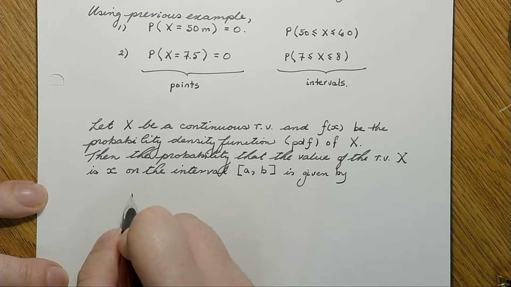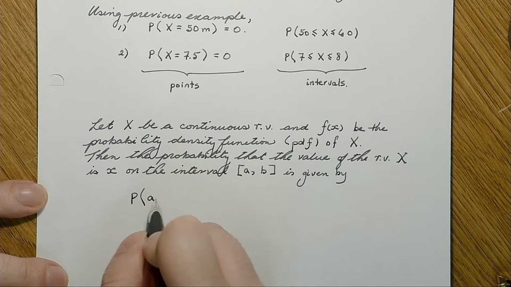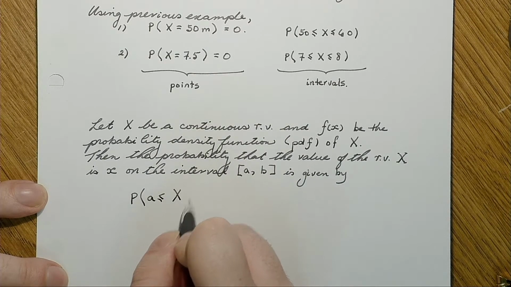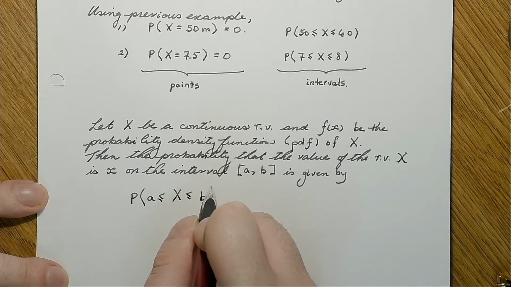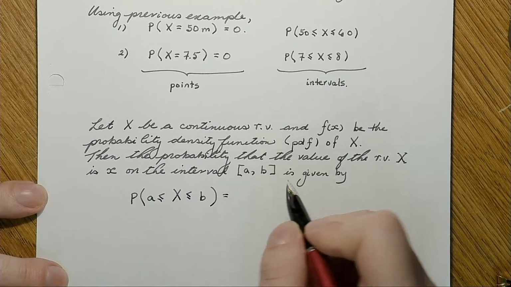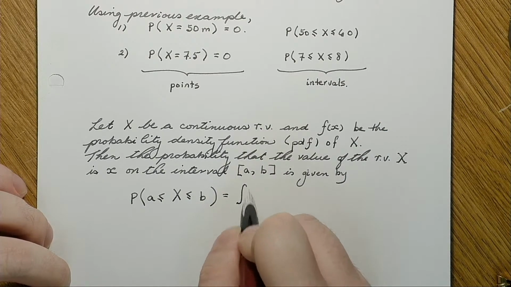we have the probability from a to b, so it's the probability that the random variable is between a and b. So instead of using the summation, say from a to b, we're going to use the integral.